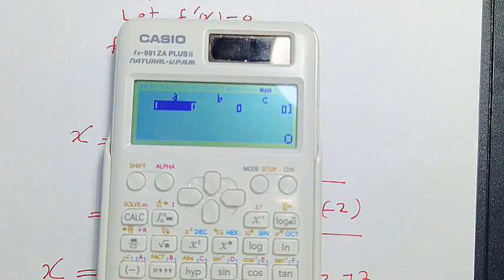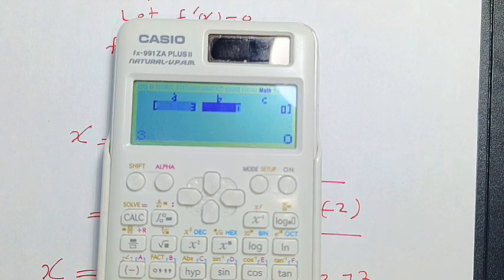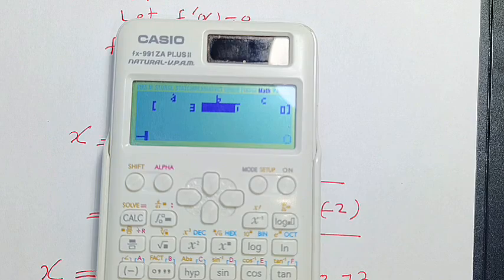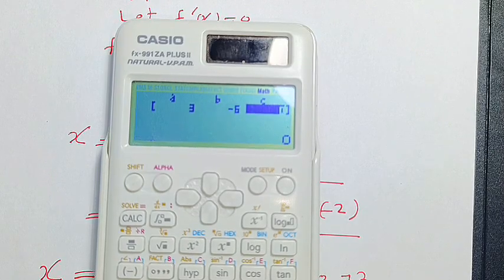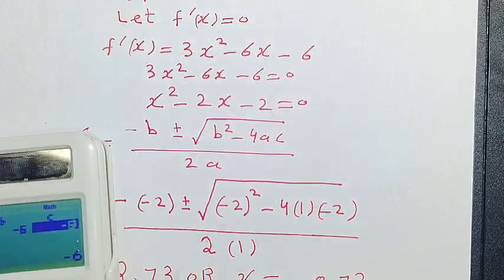Now you substitute all the coefficients. So now you substitute the coefficients of the first derivative, which is 3, equal, negative 6, again press equal, again negative 6, press equal. Just remember we substitute these.